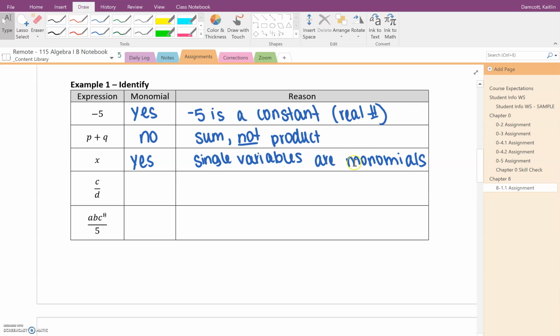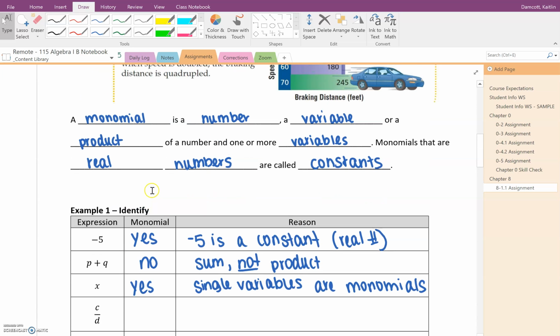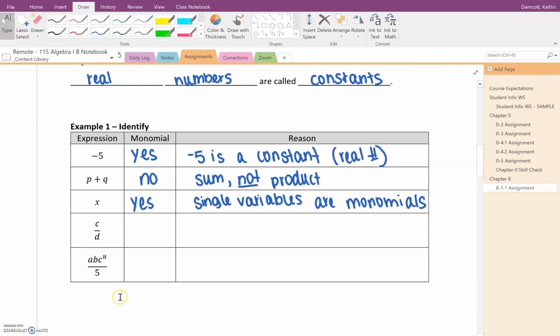Okay, not too bad. Now in this next one, we have C divided by D. If we go back and ask ourselves again, is it a number, a variable, or a product of a number and one or more variables? A fraction is like a division problem, and we're looking for things that are being multiplied.